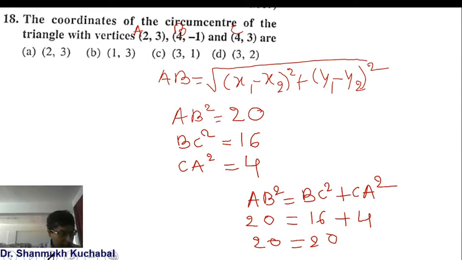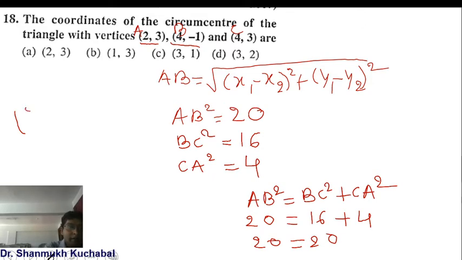It is a right angled triangle, and the circumcenter equals the midpoint of AB, the hypotenuse. So the midpoint of A and B: A is this point, B is this one.